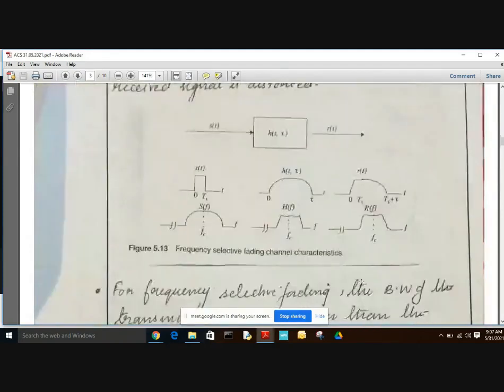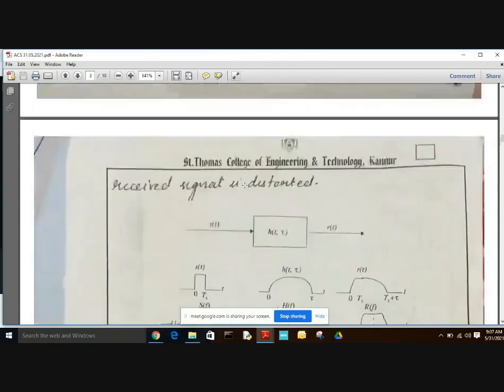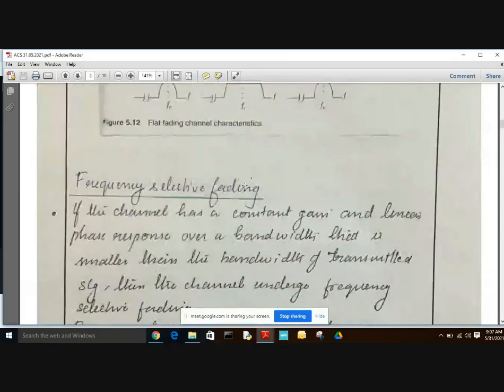Here we can see that R(f), the received signal in the frequency domain, is different from S(f), and the transmitted signal bandwidth is greater than the channel bandwidth, and hence we can say that frequency selective fading occurs.